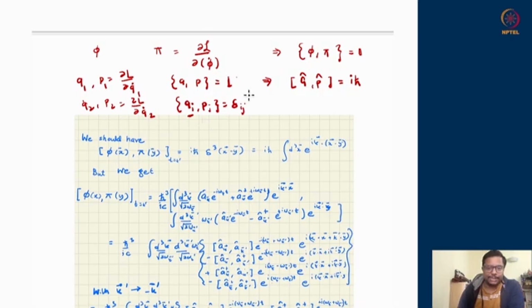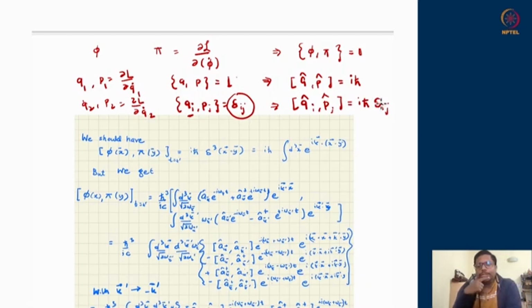That is captured by delta ij. If two particles are there, jointly their Poisson bracket is written like that, and therefore jointly their commutator would be written like this: q_i p_j equal to i h bar delta ij. So you see, each particle knows about whom to commute with and whom not to commute with.